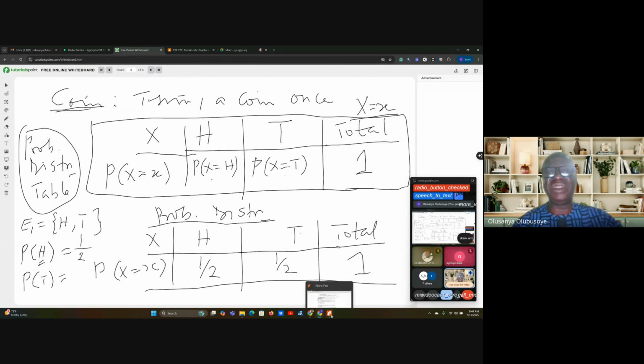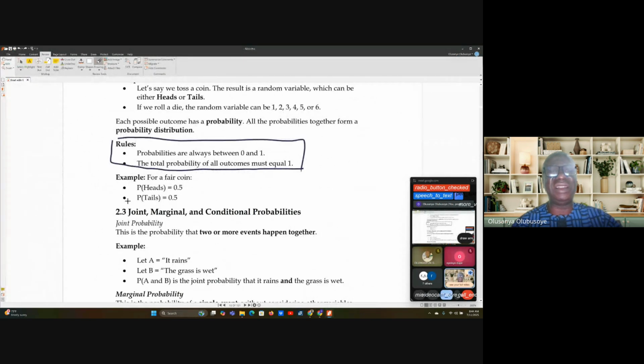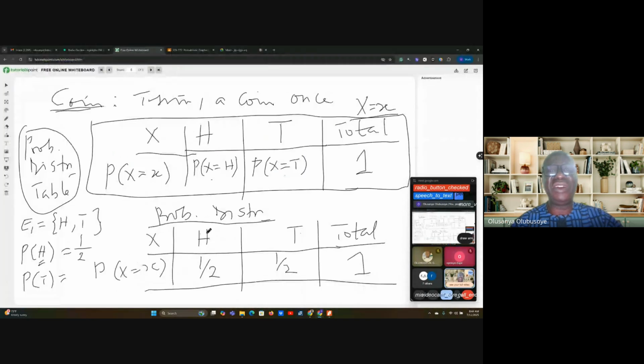What that rule is saying is that the total probability of all outcomes, in this case all outcomes being tabulated, head, tail, and the individual probabilities have also been given, must always be equal to 1.